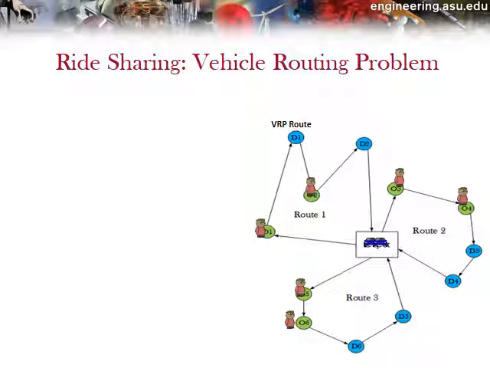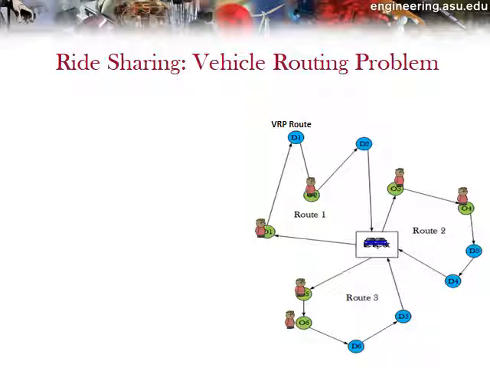It asks for a determination of a set of routes such that all customers' requirements and operational constraints are satisfied, and the global transportation cost is minimized. The cost could be money or distance or time, whatever you want. But pretty much the VRP will tell the service vehicle what route to take to satisfy the requester's desires. And the goal is just to find the optimal route.